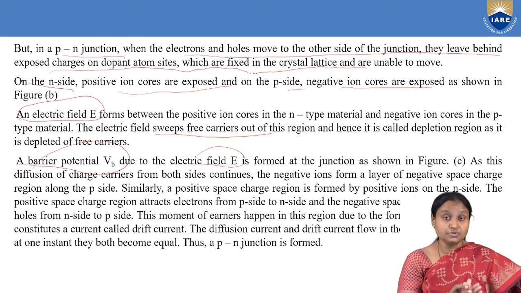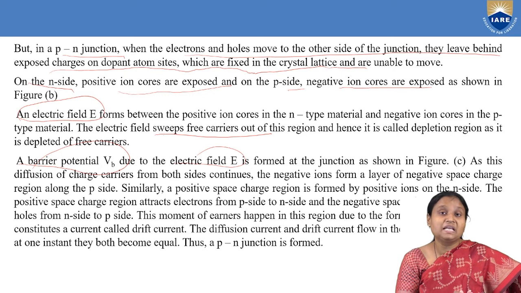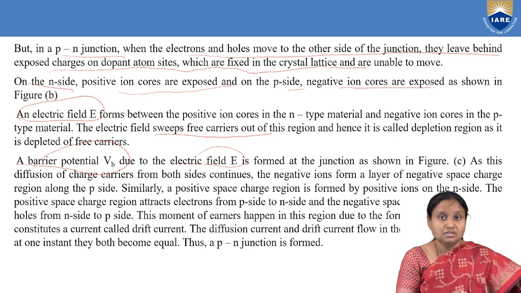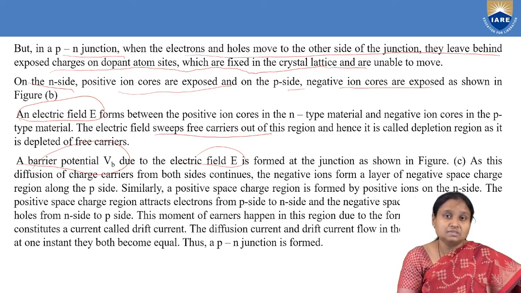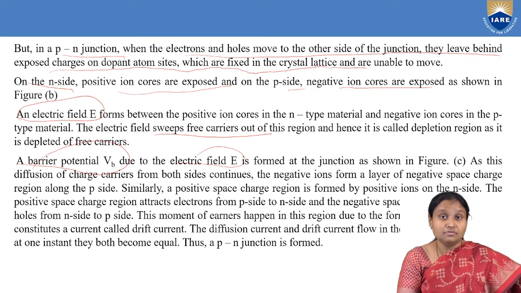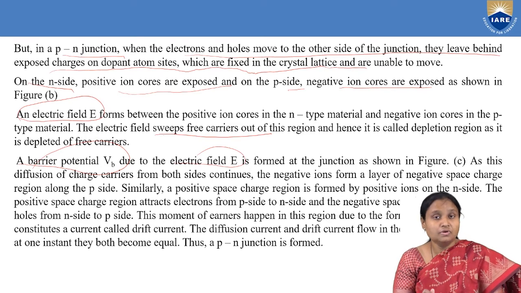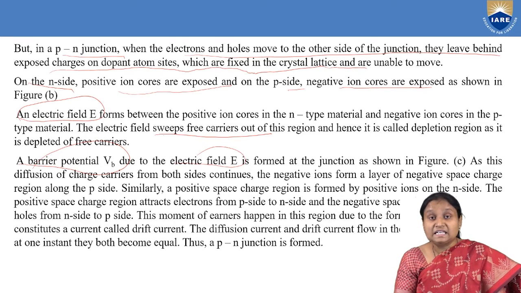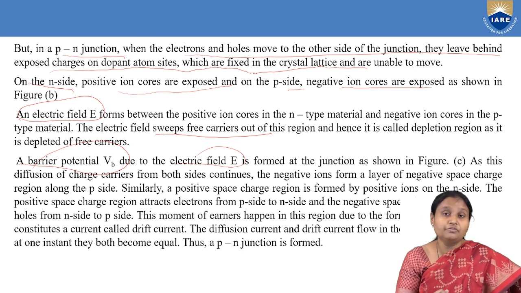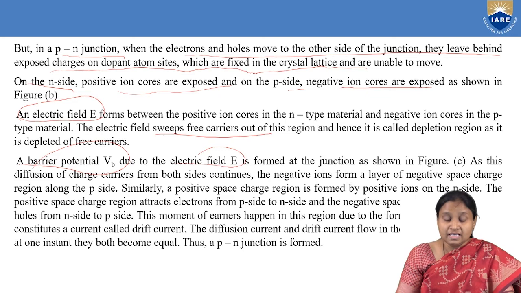For diffusion of charge carriers, we don't have to supply an external electric field. Movement of charge carriers takes place without any force or application of an electric field, as charge carriers try to flow from higher concentration to lower concentration regions. Whereas in drifting, charge carriers are forced to move because of the force exerted by an electric field.